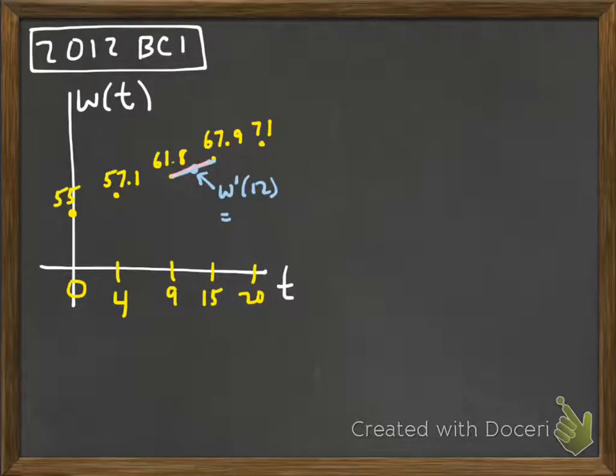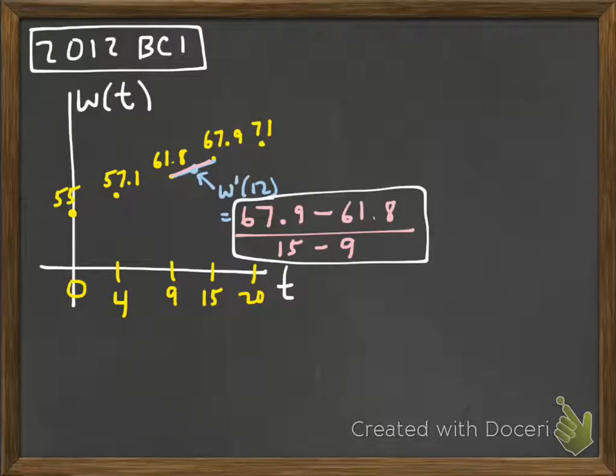And so W prime of 12 would be the difference in the Y values, 69.9 minus 61.8, all over the difference in the X values, 15 minus 9, and don't do anything but put a box around that. If it's asking for units, it says using correct units, so it is asking for units.